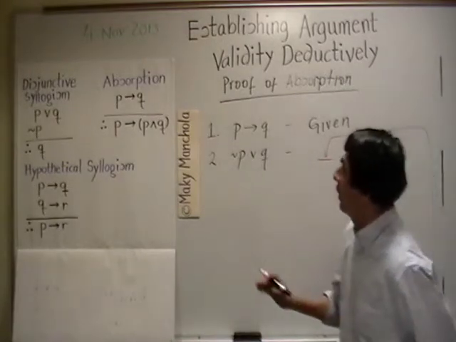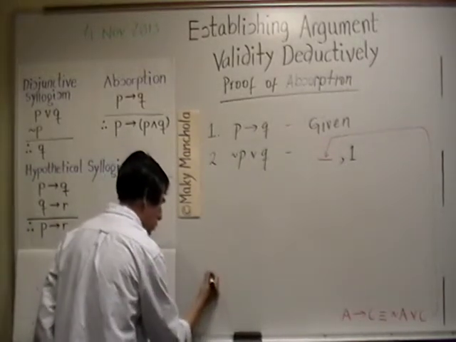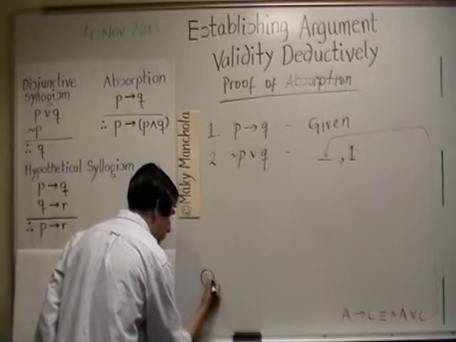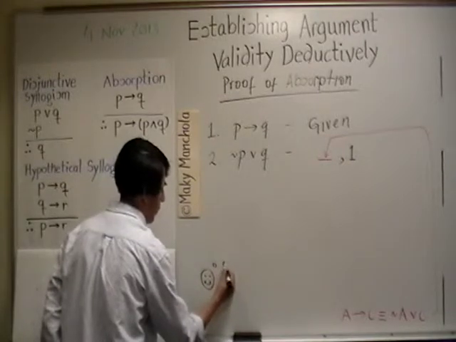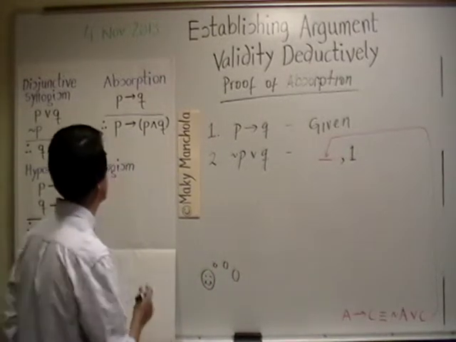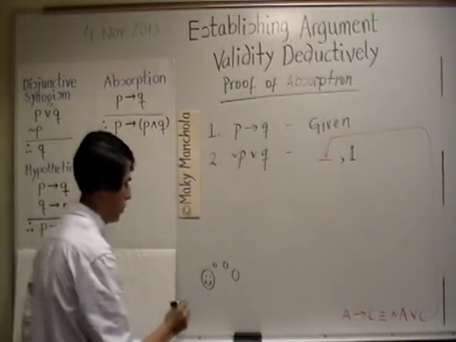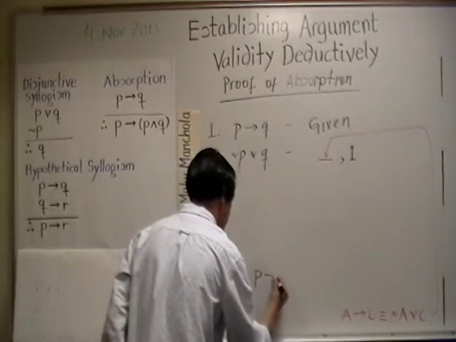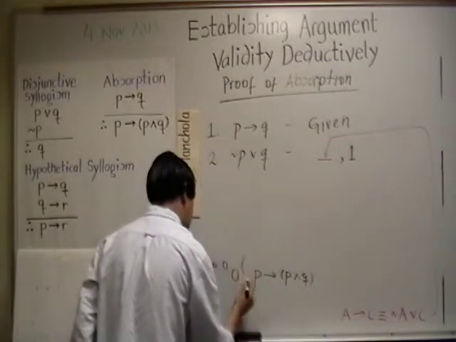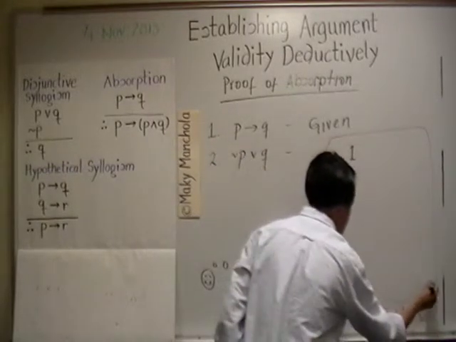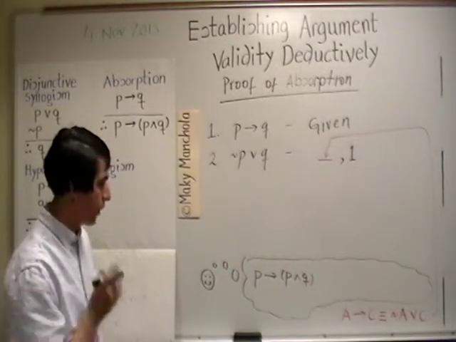Now we have to think ahead. What is it that we want? We want to establish P implies P and Q. That's our thought process. We want to make this assertion eventually and justify it.